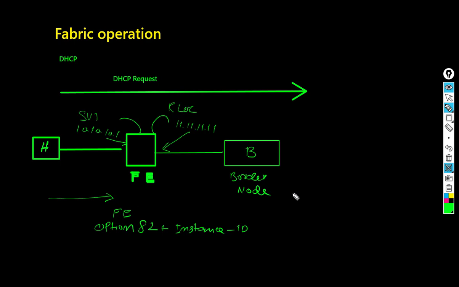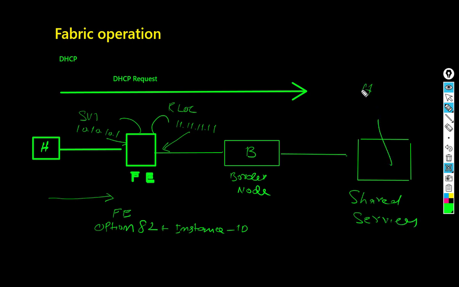So the packet is captured and encapsulated by the fabric edge switch. It is sent towards the DHCP server. This packet is routed via the fabric border to the DHCP server that is outside the fabric. In the shared services area, we have our DHCP server sitting.